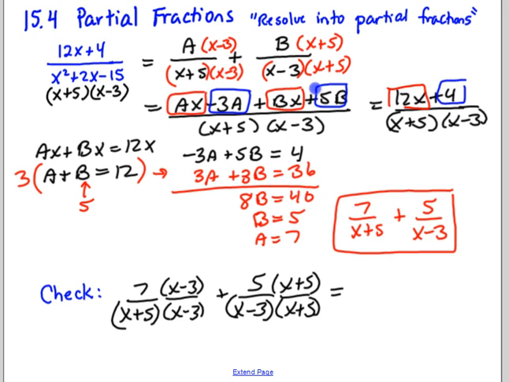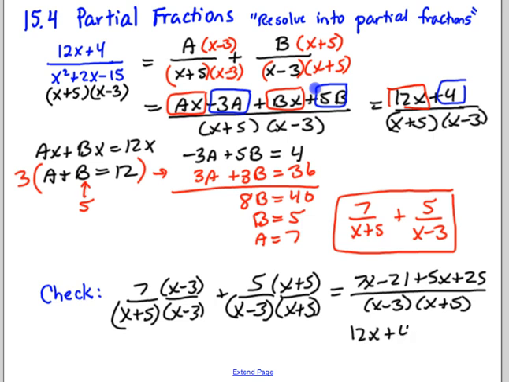So this would be 7x minus 21 plus 5x plus 25 all over my original denominator. And you can see from the numerator that I have 12x plus 4, and those would multiply together in the denominator to give me x squared plus 2x minus 15. So I'm good. Now I would like you to try one of these problems.